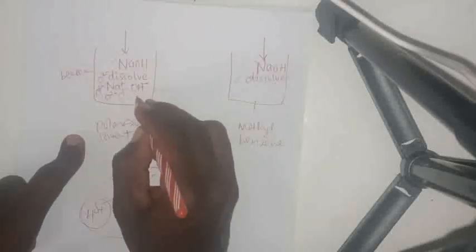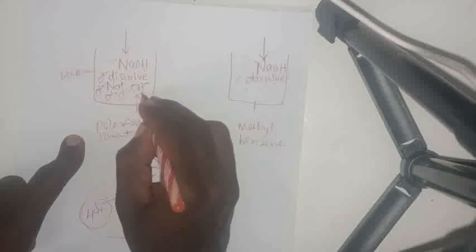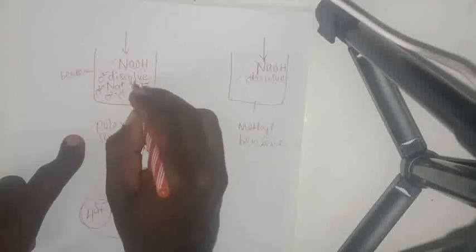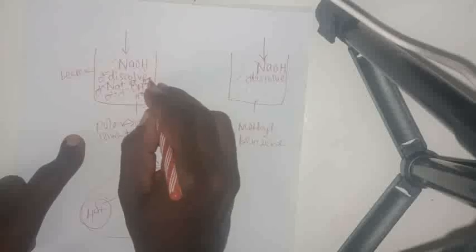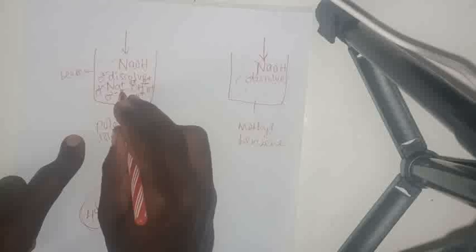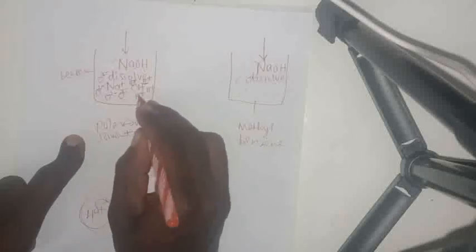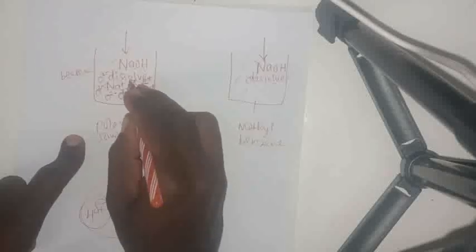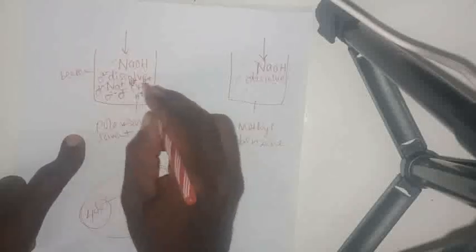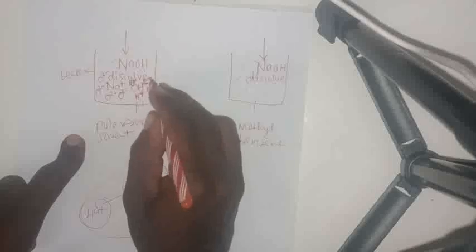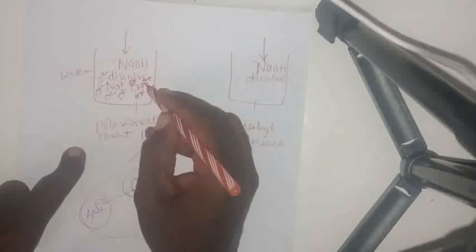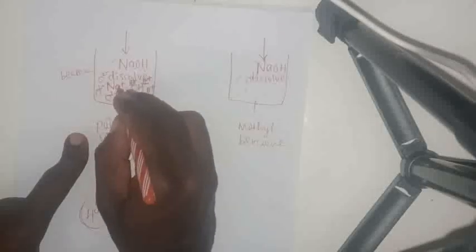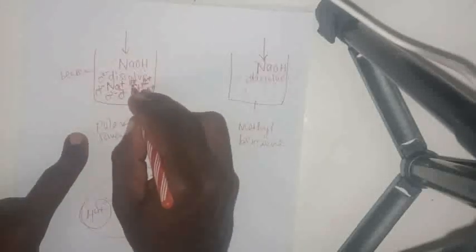Then the hydroxide ions are surrounded by the hydrogen ions, which are positively charged. Remember, the oxide ions and the hydrogen ions are the ions that make up the water in which the sodium hydroxide has been dissolved. So once the sodium hydroxide has dissolved in the water, it becomes ionized or dissociated into sodium ions and hydroxide ions.